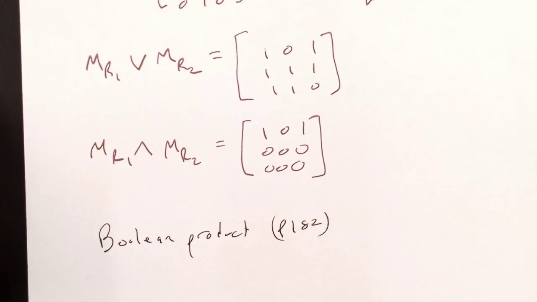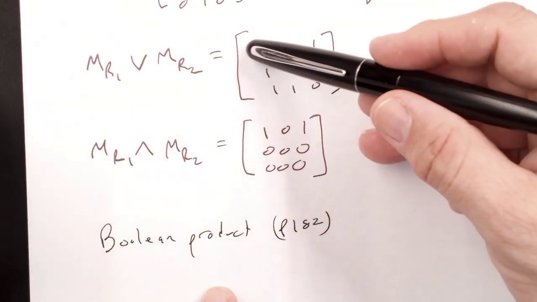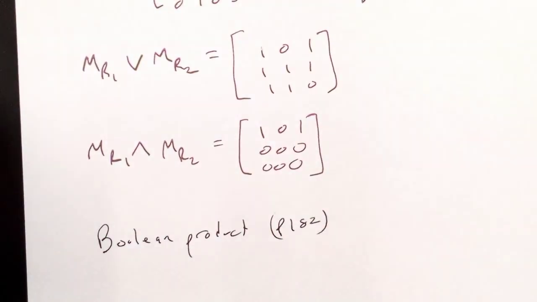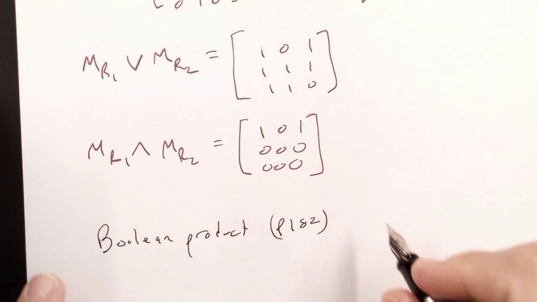The Boolean product allows you to multiply a matrix by another matrix. Any of you done any matrix multiplication in any other course ever? Okay, I got a couple of yeses and a couple of nos. The way you multiply a matrix is to go across one row, the row on the left matrix, across the row and down the column at the same time.